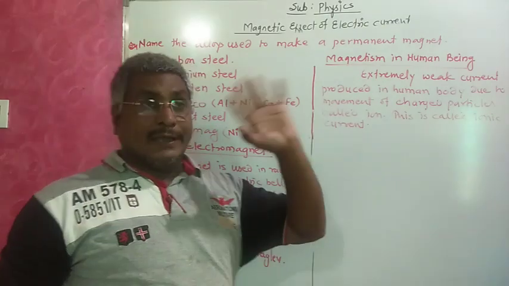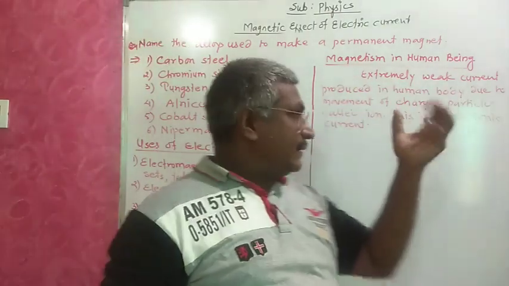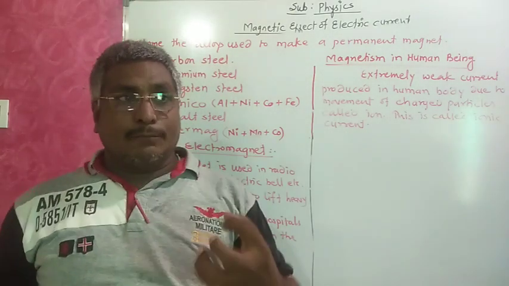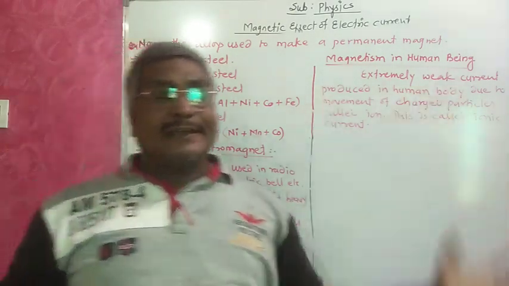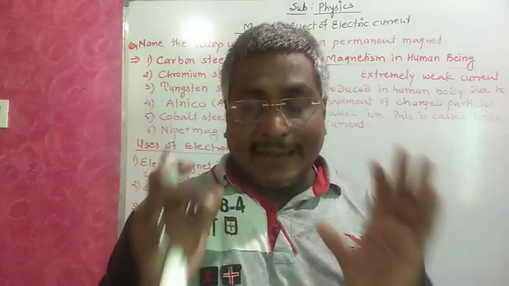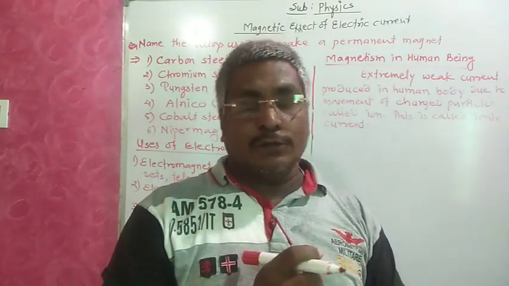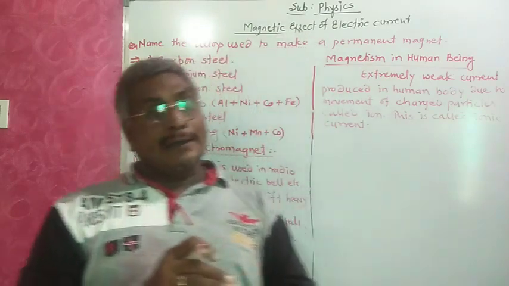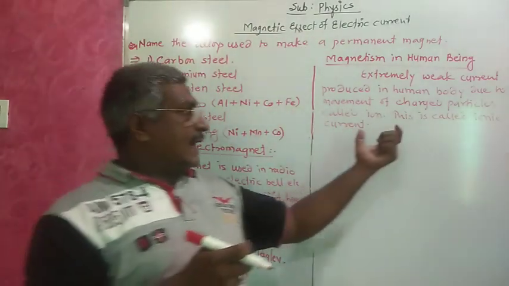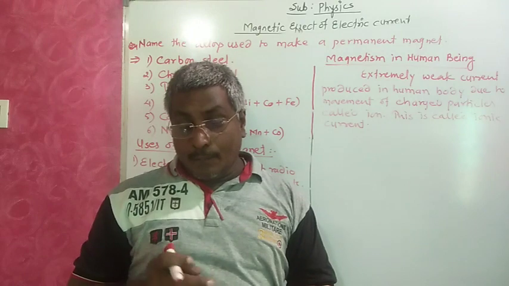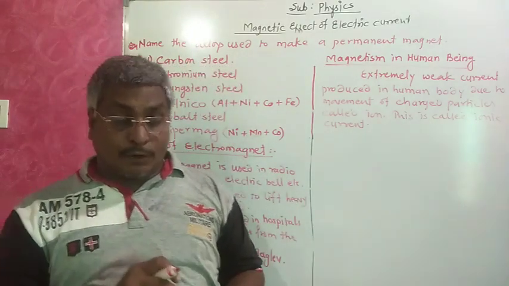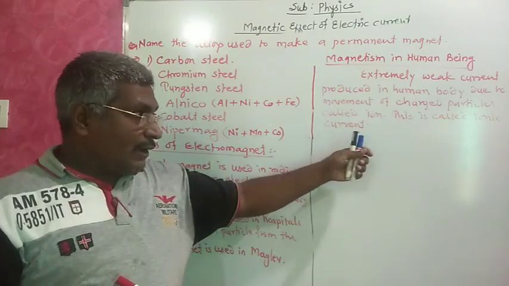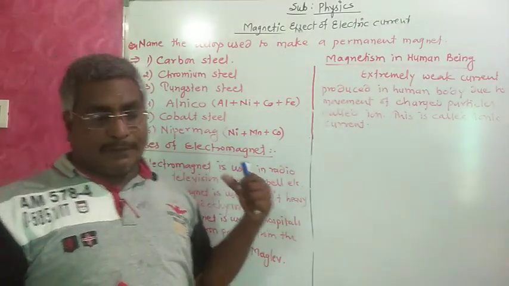Iron is an element, and an ion means if an atom loses an electron, that atom is transformed into an ion. Those charged ions are moving in our body, and due to their movement current is produced in our body.